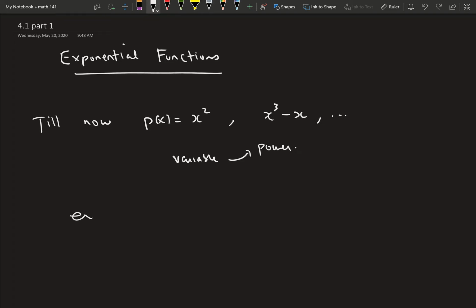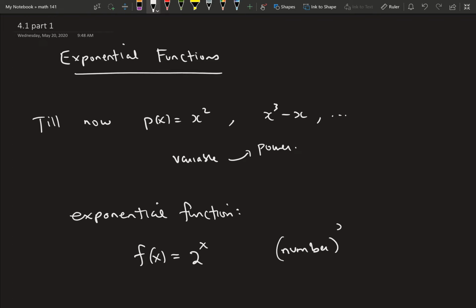So an exponential function is something like, say for example, f of x equals 2 to the x power. So notice the constant number is on the bottom, and the variable is the exponent.